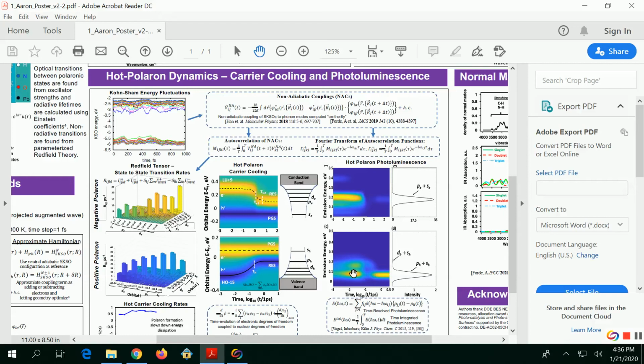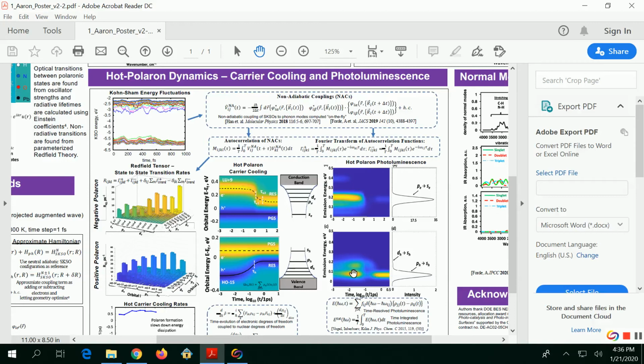Those are illustrated with our Redfield tensors, which are shown here. The top figure is for the negative polaron, and the bottom figure is for the positive polaron. The way to interpret these is essentially state-to-state transitions. The x and y axes are electronic states, and the z axis is the intensity for how fast transitions occur.